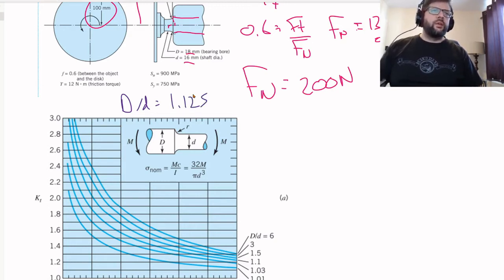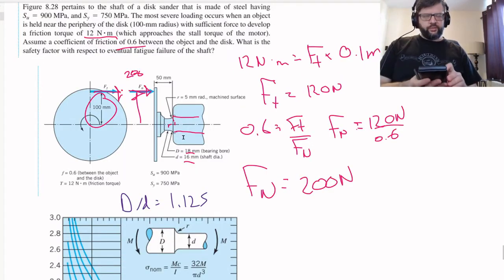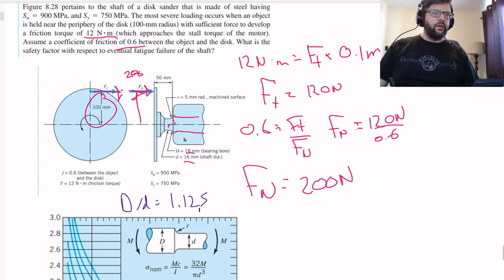And then the radius of the notch there, that's 5 millimeters. So our r over d ratio is 5 over 16, so 0.3125.